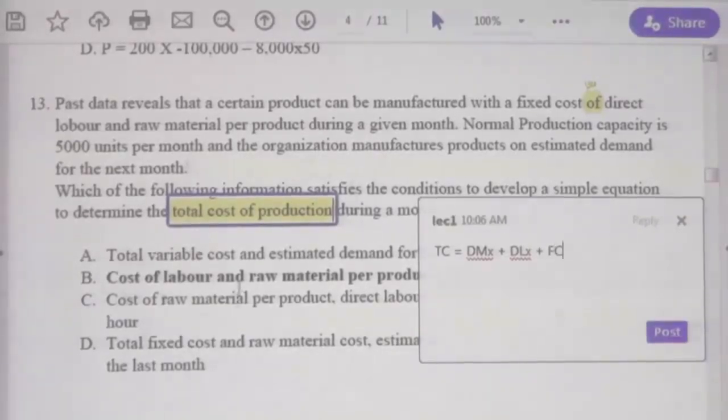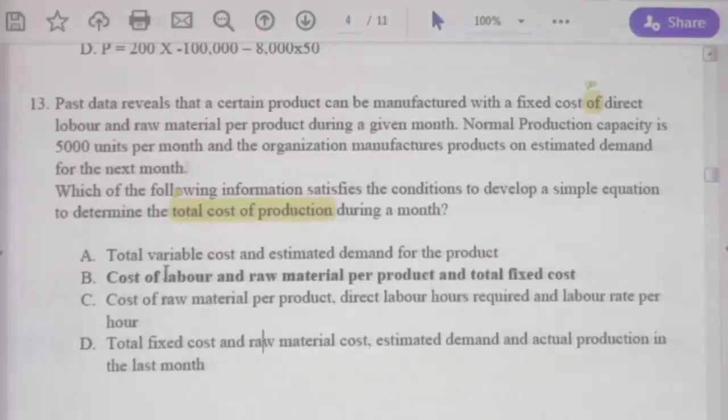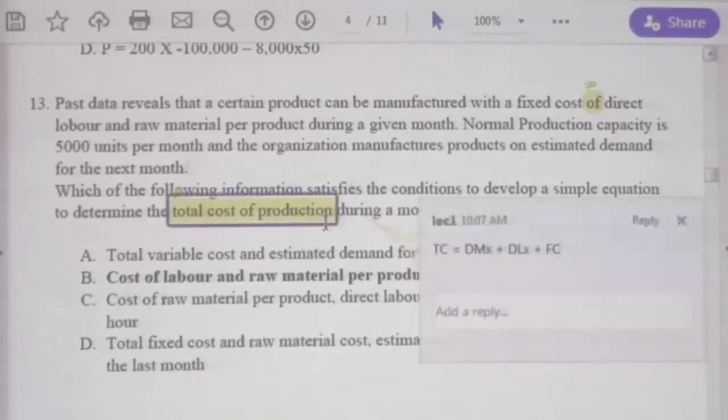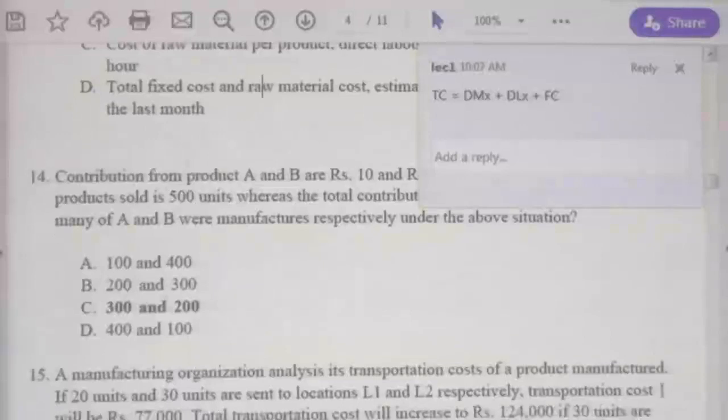That would be the way. Therefore, answer is cost of labor and raw material per product and total fixed cost, that is into X plus fixed cost. Answer B, right? Now, let us take question 14.